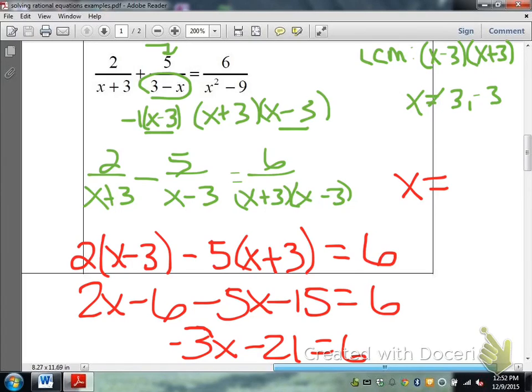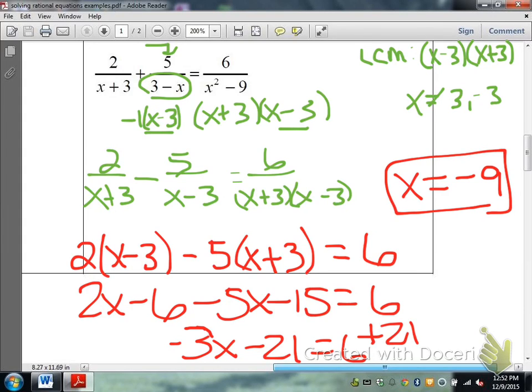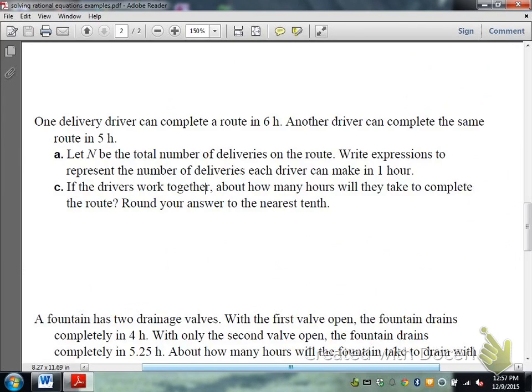Negative 9. You'd have to add 21 to both sides. Is that one of our restricted values? So I feel pretty confident that's going to be correct. And of course, we can check it.